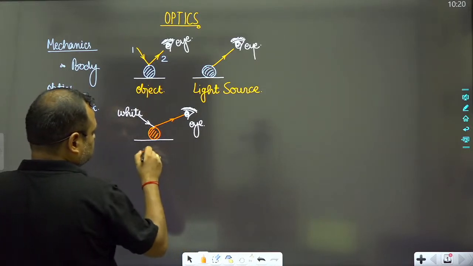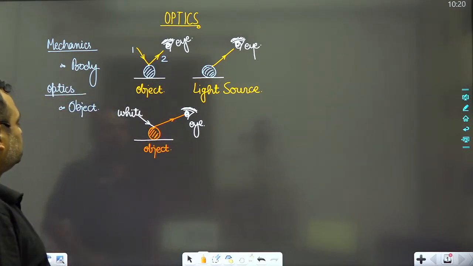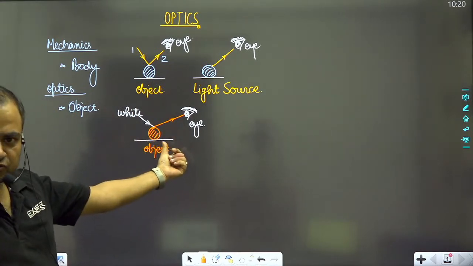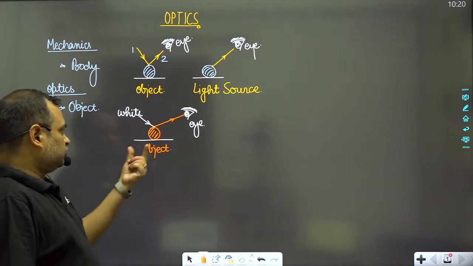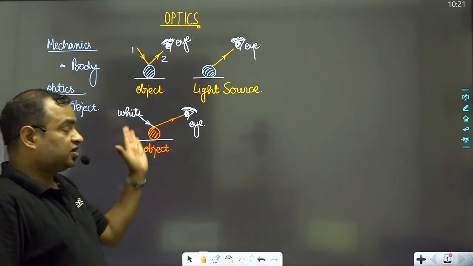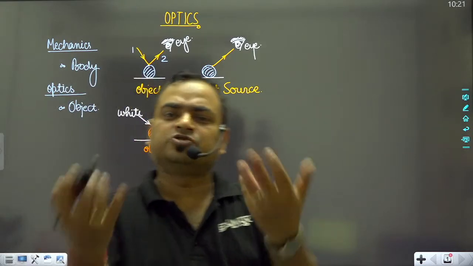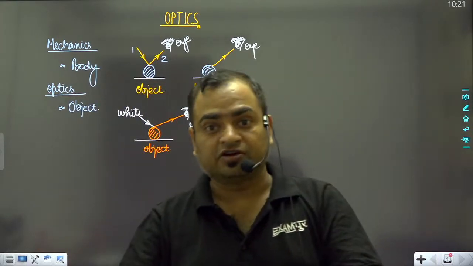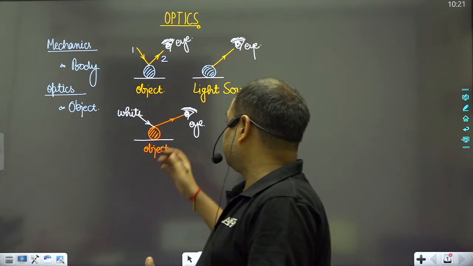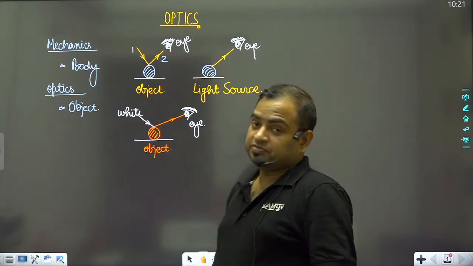So this is an object. Now you can see that this is a white light ray, and here we are seeing that this object is of orange color. All the six colors have been absorbed by this body, and only one color has been reflected. Similarly, if an object can absorb all the seven colors, then obviously this object will appear black.